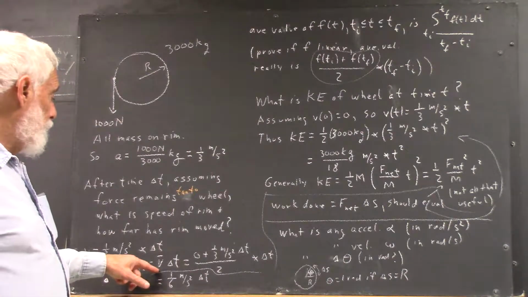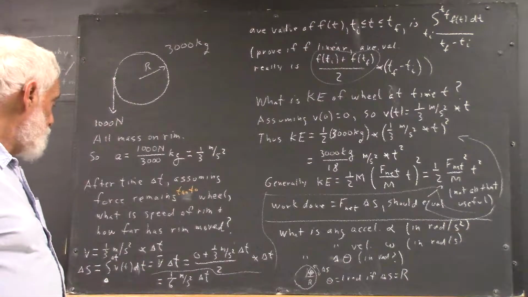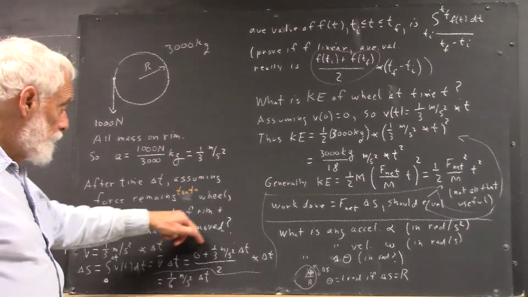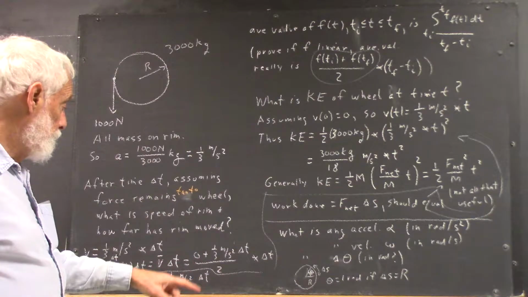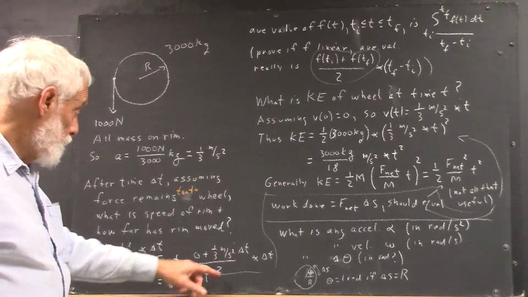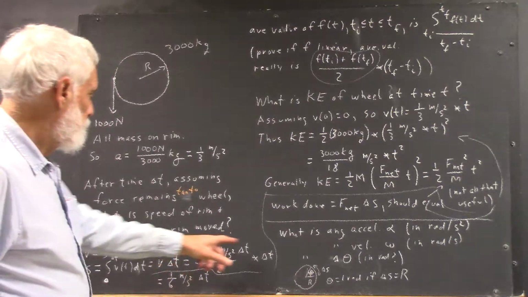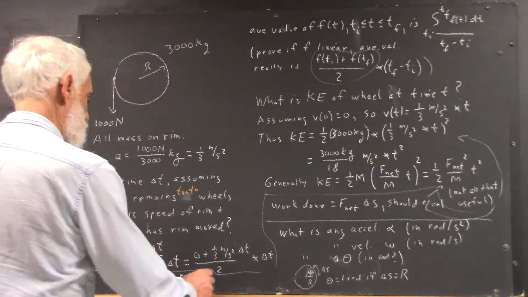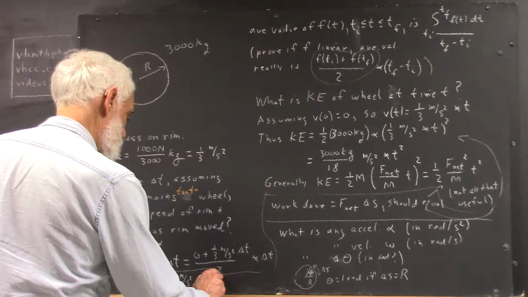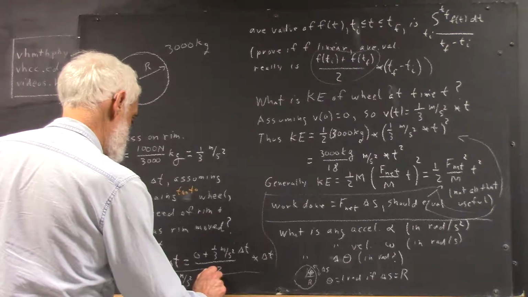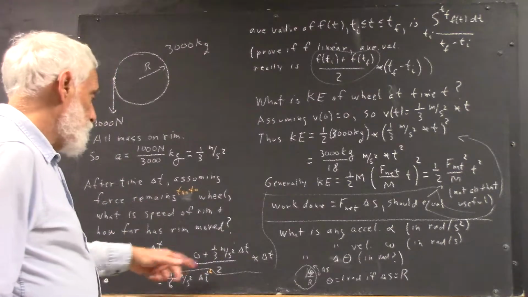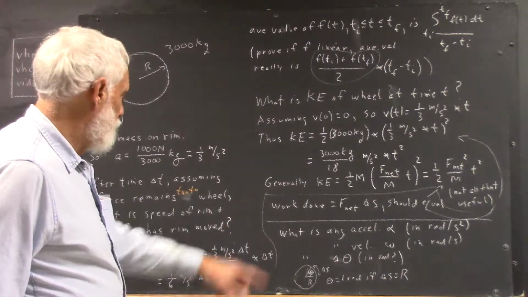The average value of v, since v is a linear function of time, is the average of the initial and final value. That is multiplied by delta t, and it gives us clearly half of 1/3 is 1/6, times delta t squared.